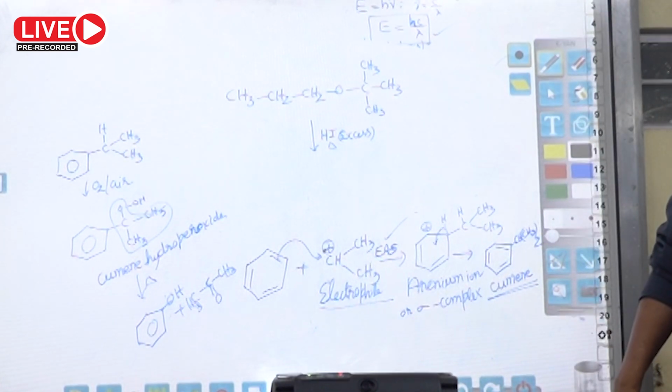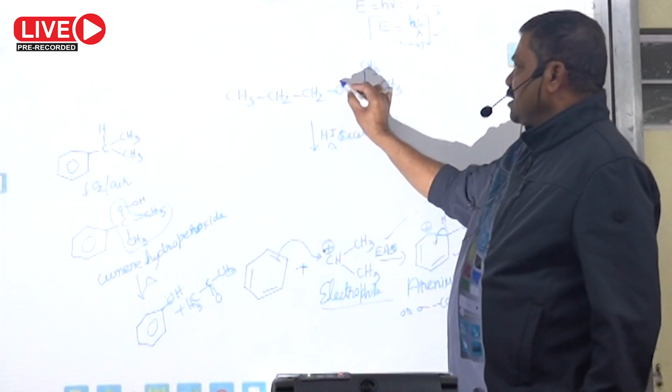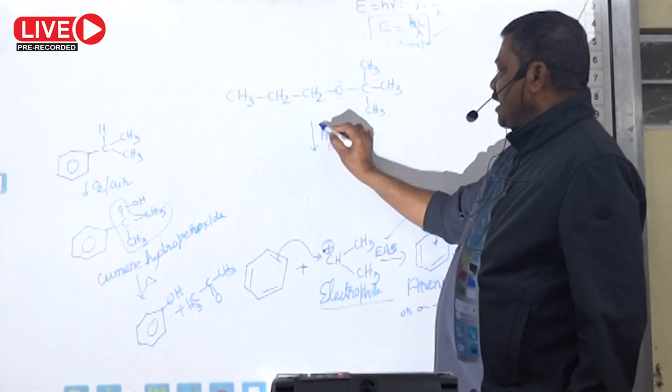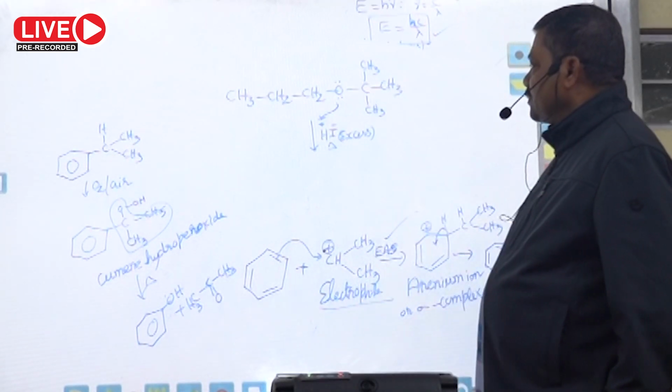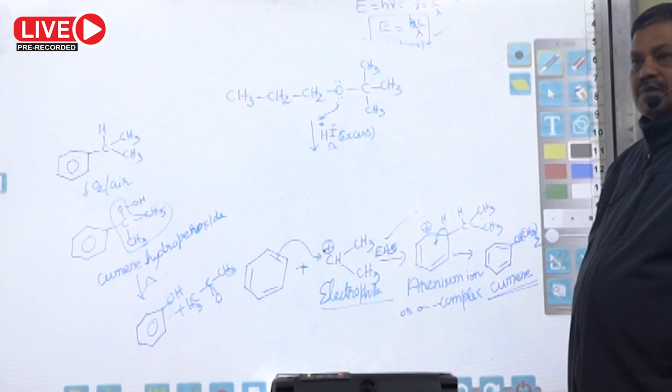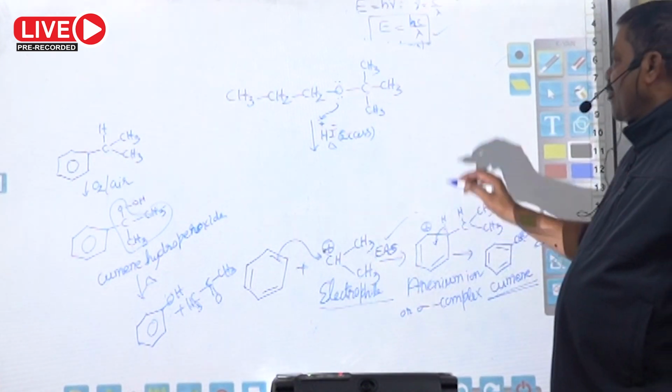So whenever the ethers are heated with HI, the first step is the ethereal oxygen gets protonated.